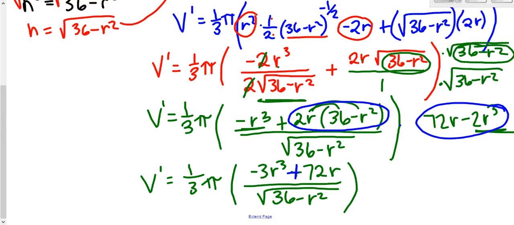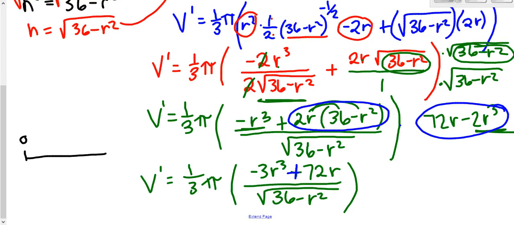So here's my derivative. There are a couple things that we need to set up. We need to set up a reasonable number for what we want r to be. We know that r cannot be negative. So r is going to be bigger than 0. And there's something that it cannot be larger than.